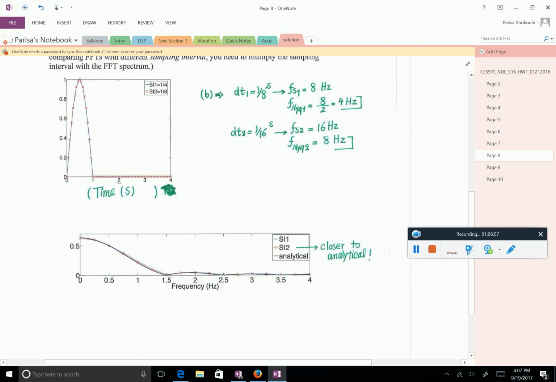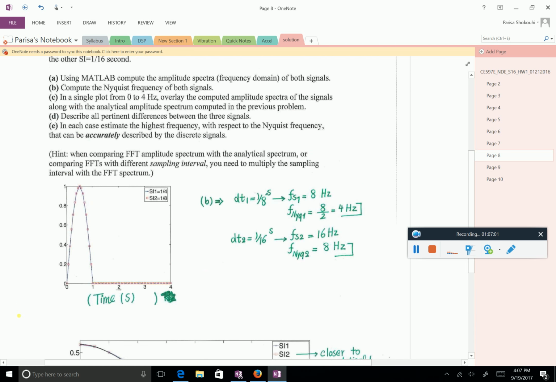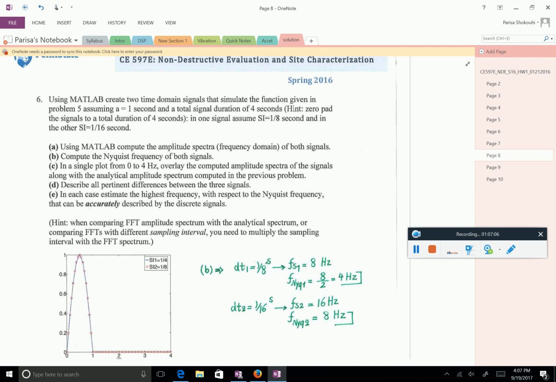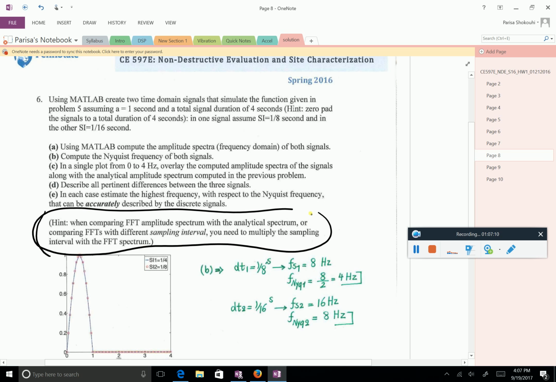And plot the spectrum. Now, something that a lot of you haven't done is read this hint. Where is the hint here? When you do the FFT, where you care about the amplitude, you need to multiply your amplitude by the sampling interval.